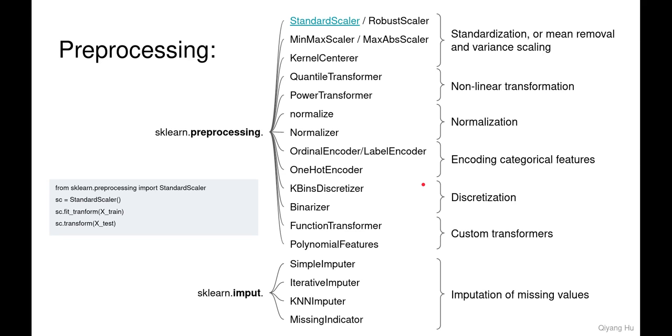In this talk, we only review the preprocessing and impute modules in Scikit-Learn. Actually, Scikit-Learn provides other modules in this stage, meaning the preprocessing stage of work, such as feature extraction, feature selection, and feature hashing. In the demo session, we will only show the simplest feature extraction method, meaning loading features from dicts.